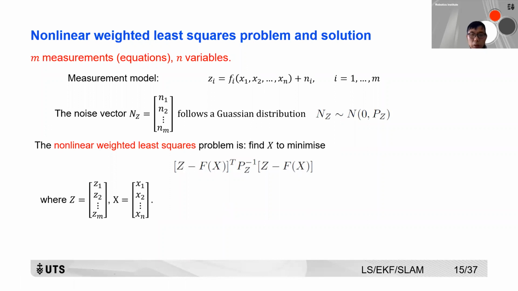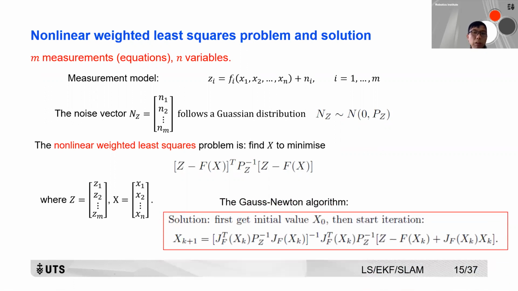So this is a weighted nonlinear least square formulation. And for the solution, we can again use the Gauss-Newton algorithm. First, find the initial value, the starting point, and perform iteration. And in the iteration, you can see the correction matrix PZ inverse appearing in the iteration equation.